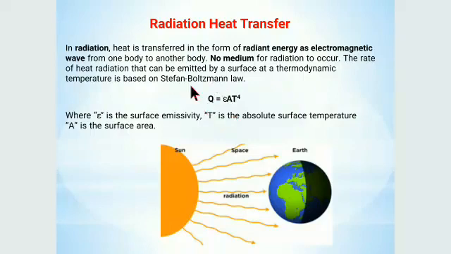Q is equal to εAT to the power 4, where ε is the surface emissivity, T is the absolute surface temperature, and A is the surface area. There is a picture where radiation occurs.